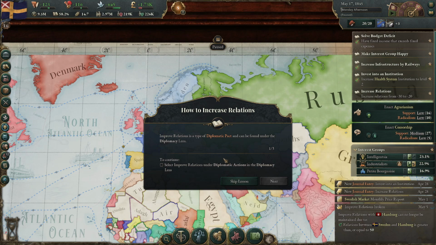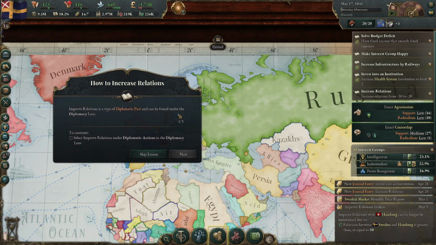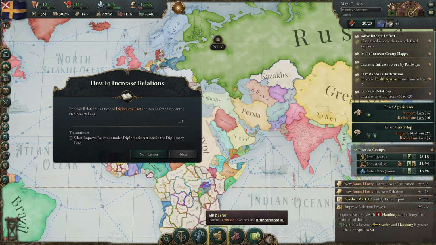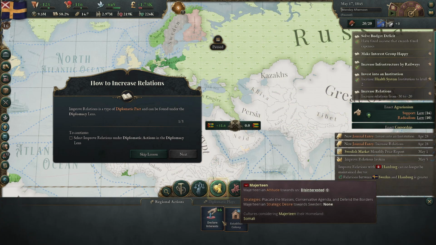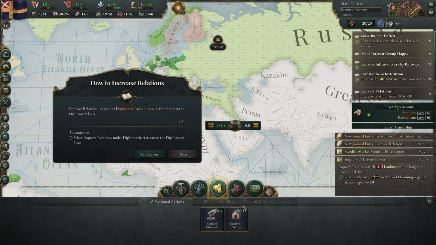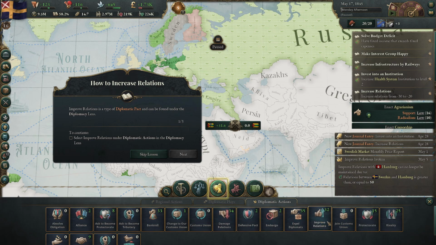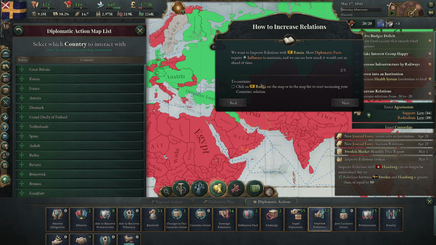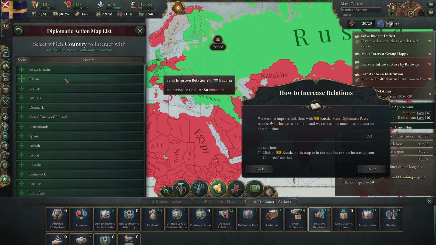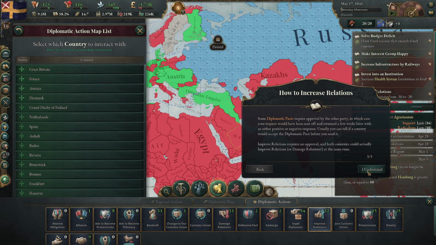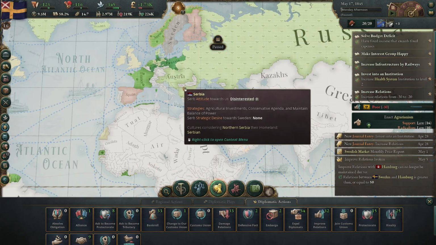Improved relations is a type of diplomatic pact that can be found under the diplomacy lens. Select the relations department. Is it diplomatic actions, isn't it? Then we got to improve relations. How to increase relations. Okay, we'll just click Russia. Okay, so we're going to improve relations with Russia.